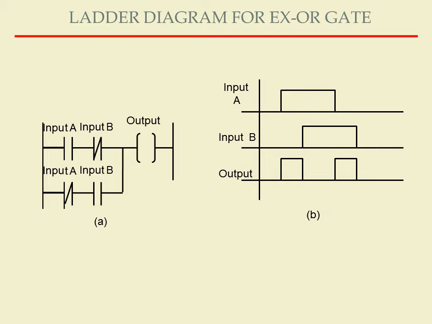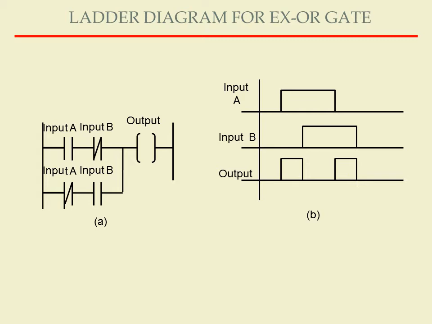So recall the XOR gate truth table. For 0 0, see, input A is 0, input B is 0, then output is 0. Next, input A is 1, input B is 0, output is 1. Next, input A is 1, input B is 1, output is 0.